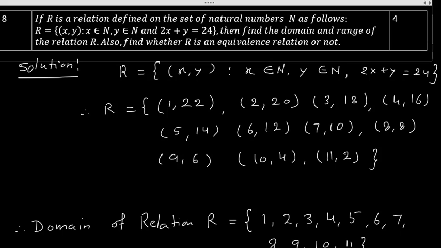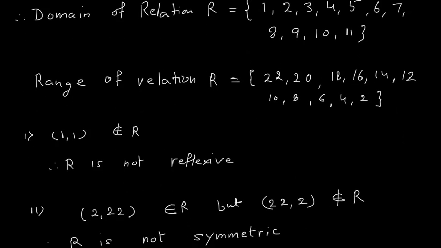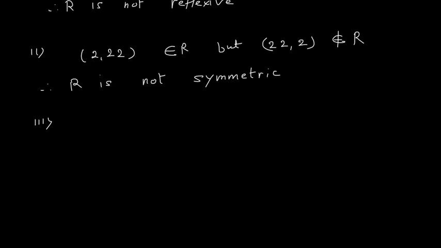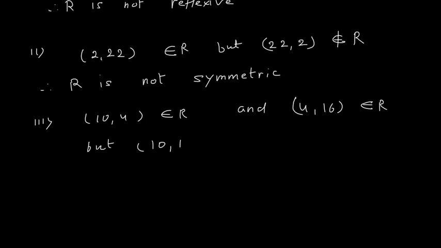So what I will say is that (10, 4) belongs to the relation, and (4, 16), 4 to the 8, 16 plus 8, 24, this also belongs to the relation, but (10, 16) does not belong to the relation. Therefore R is not transitive.